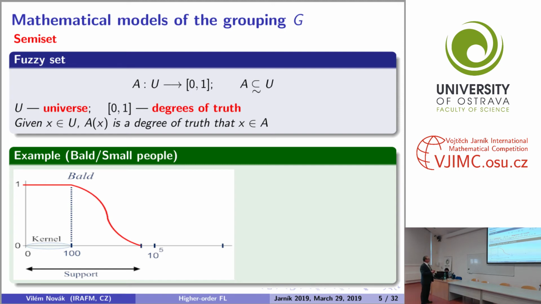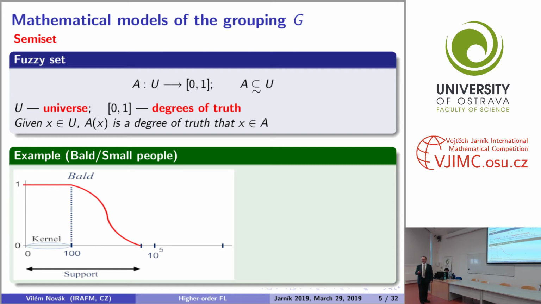So, for example, speaking about bald or small people or whatever, in fact, this is a function of this shape. Here are numbers of hair, and there are some numbers for which we for sure know that they mean bald. I wrote here, for example, 100, something like that. So these are kernel objects.